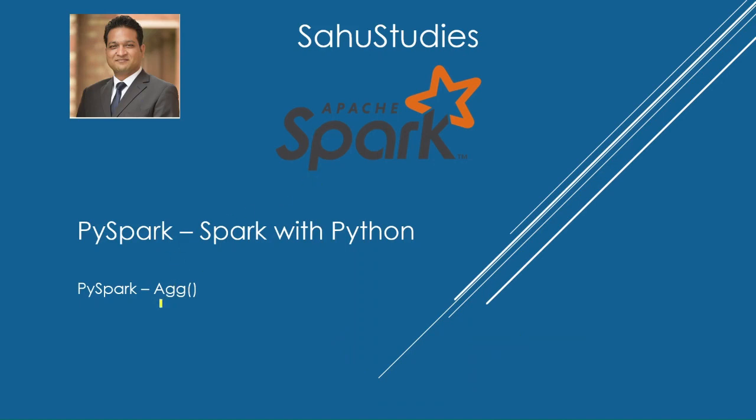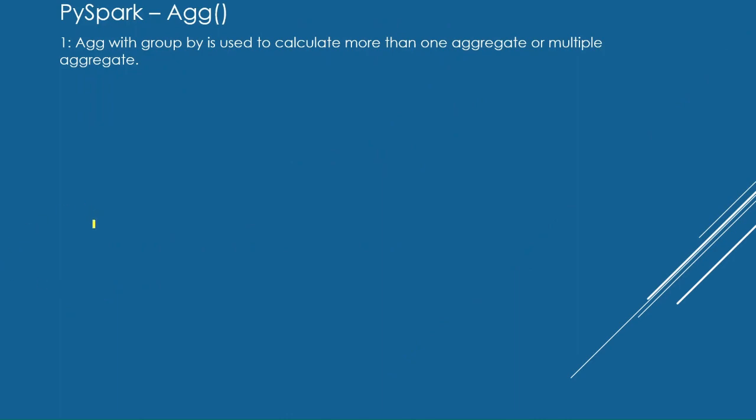In this video, we are going to see how the aggregate function works in PySpark. So what is the aggregate function? Aggregate with group by is used to calculate more than one aggregate, or multiple aggregate functions. What does it mean?